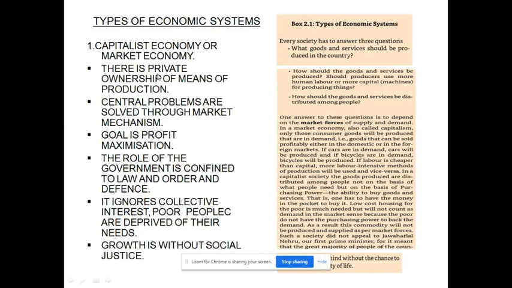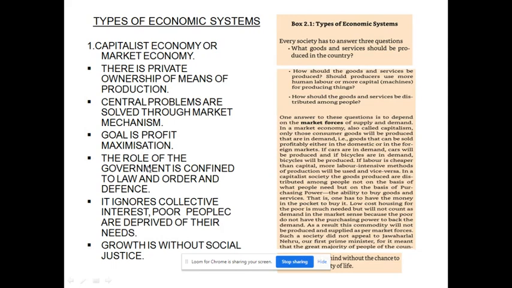The private ownership here points out to the capitalists who are the private producers, the private owners of resources who own the means of production and hence are responsible for taking all production decisions in the economy. The central problems are solved through market mechanism, and the goal of such a system is always profit maximization.